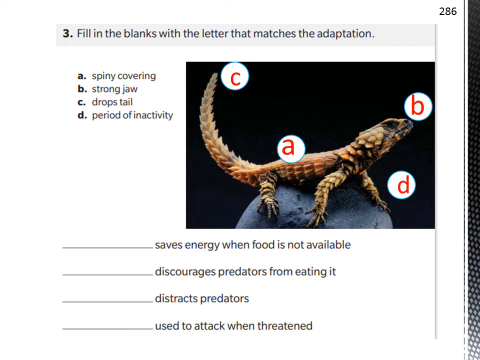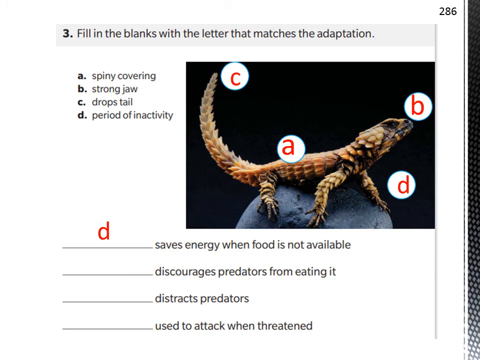Do you use more energy when you are moving around or sitting still? Excellent. Of course, we use more energy when we are moving around. Which adaptation of the lizard would help it save energy? Is it A, B, C, or D? D. Period of inactivity.